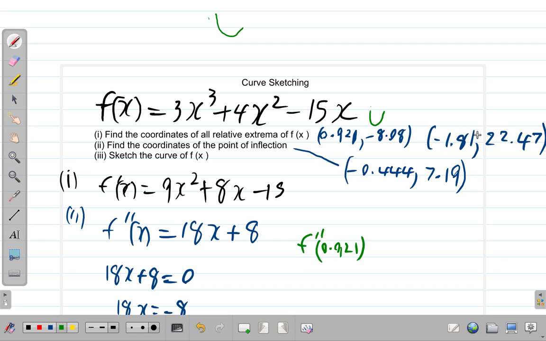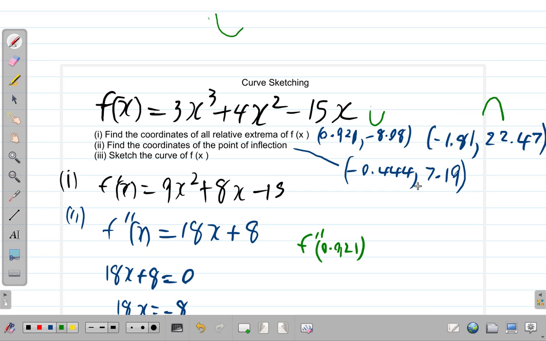And then, if you put negative 1.81 into this, we'll have a negative 18 times 1.81. It will be a negative more than 18 plus 8. So it's going to be a negative value. So it's a maximum point here.